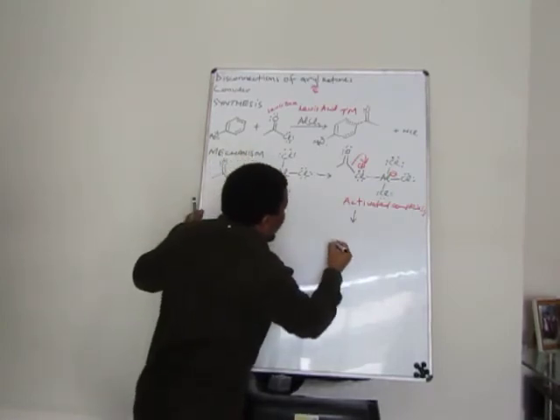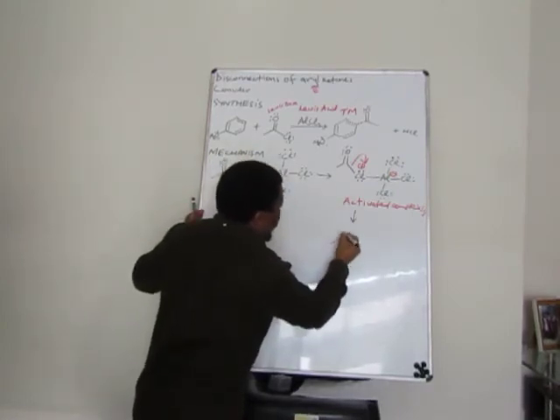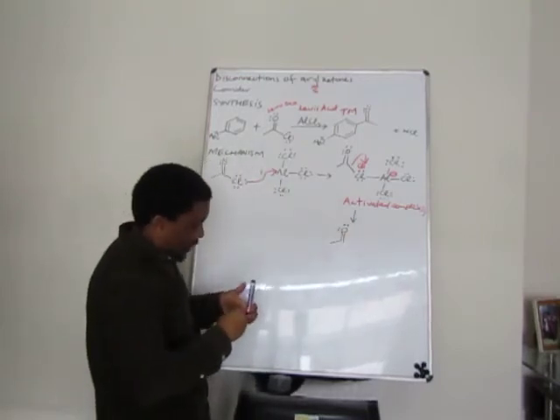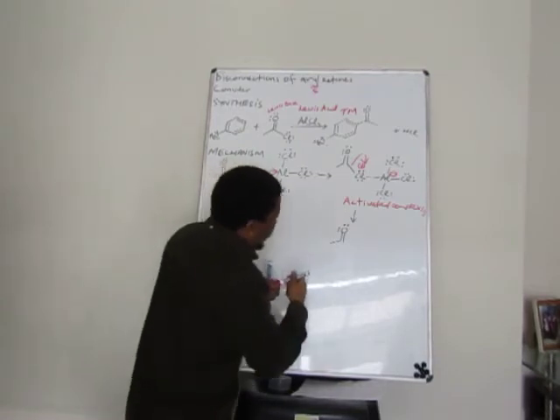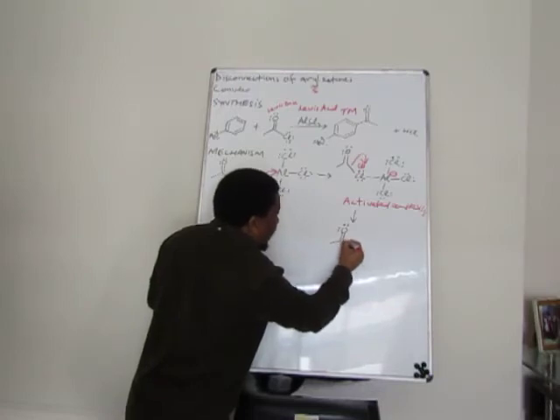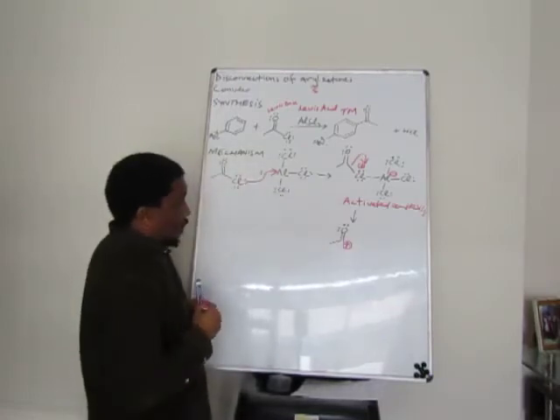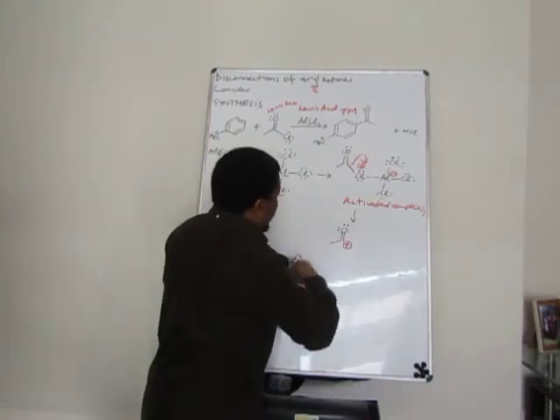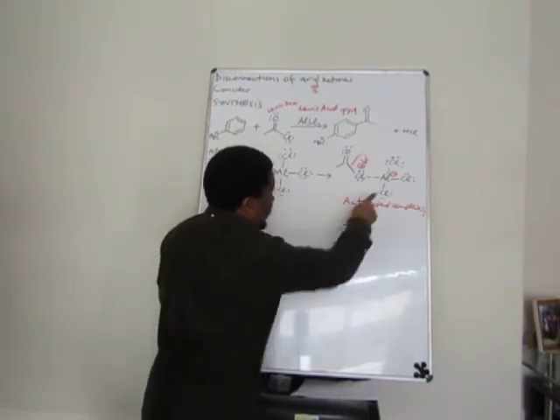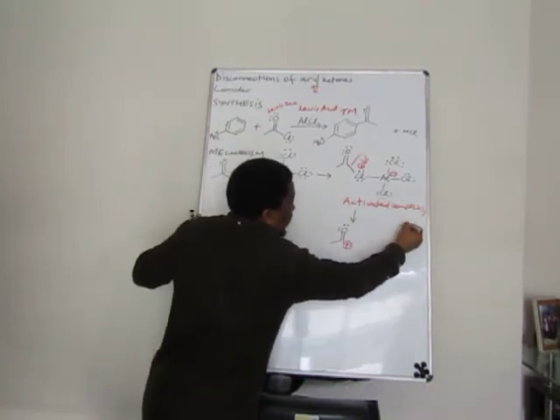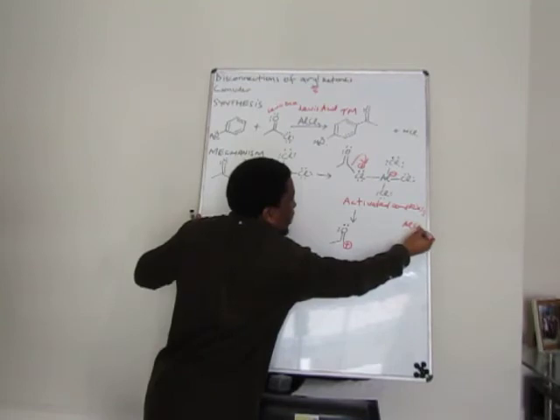There's your acylium ion: C double bond O, and this carbon atom is positive in charge. What is remaining that we have formed there is AlCl4.